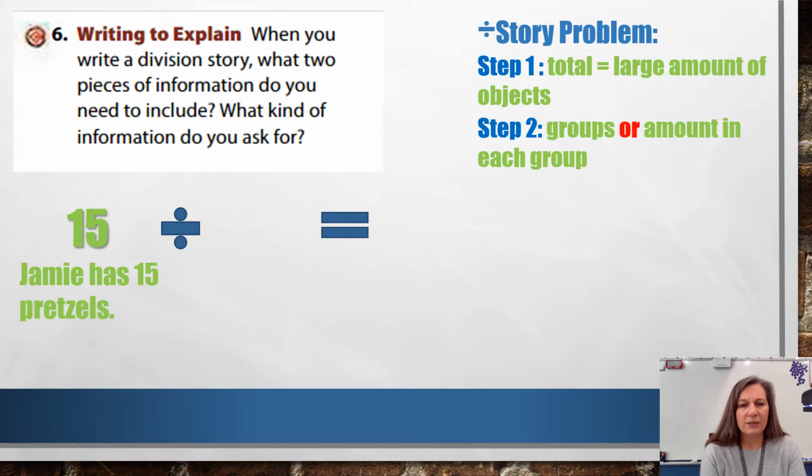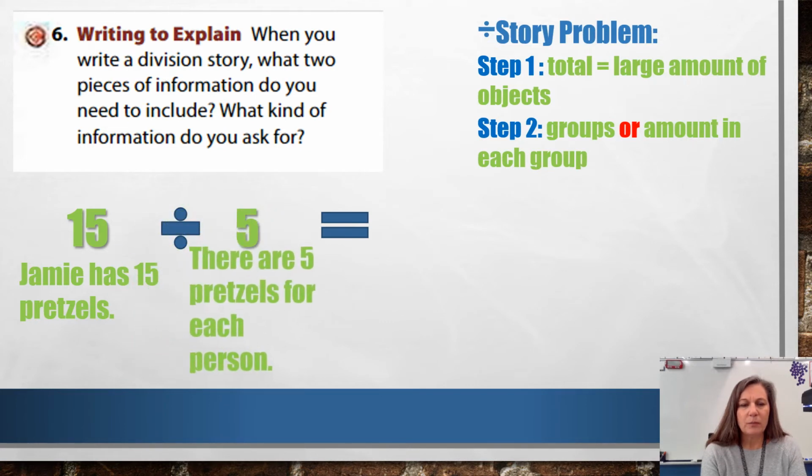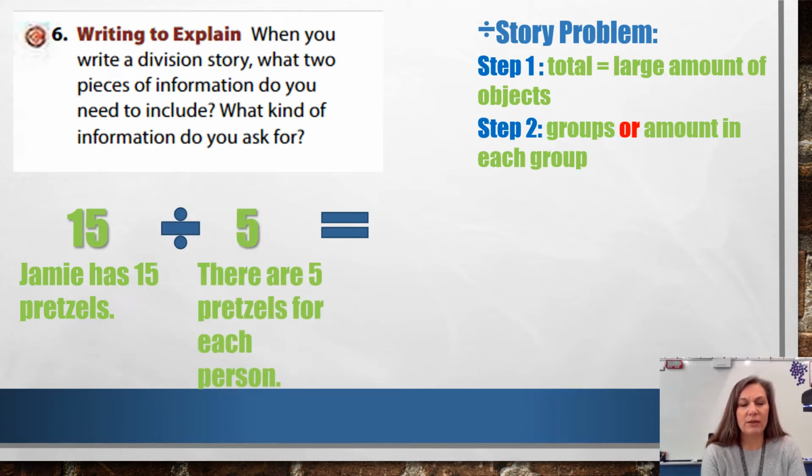So our step 2 is we're going to put them into groups or a number in each group. So we have 5 as our divisor, and we're writing a sentence to go with that. There are 5 pretzels for each person.